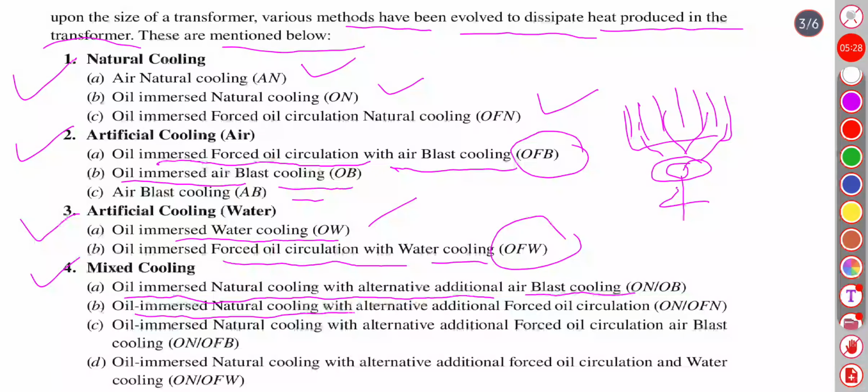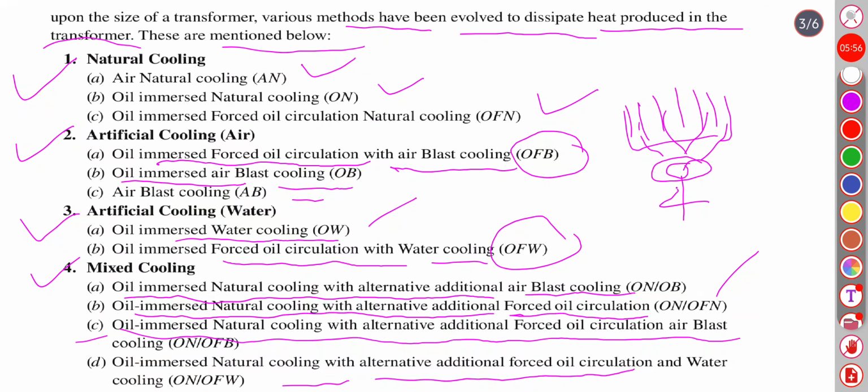Oil immersed natural cooling with alternative additional forced oil circulation called ONOFN. Oil immersed natural cooling with alternative additional forced oil circulation air blast cooling. And fourth is oil immersed natural cooling with alternative additional forced oil circulation and water cooling. So this is the most efficient cooling provided for high rated transformer.